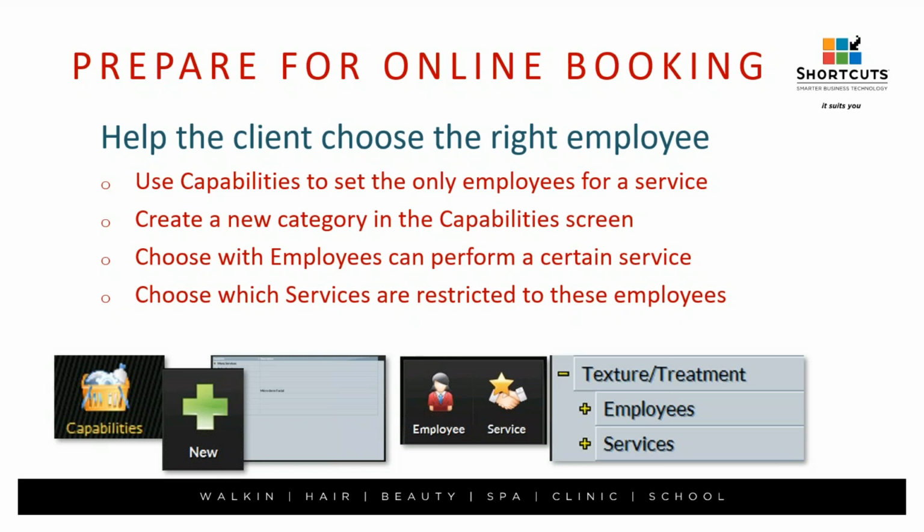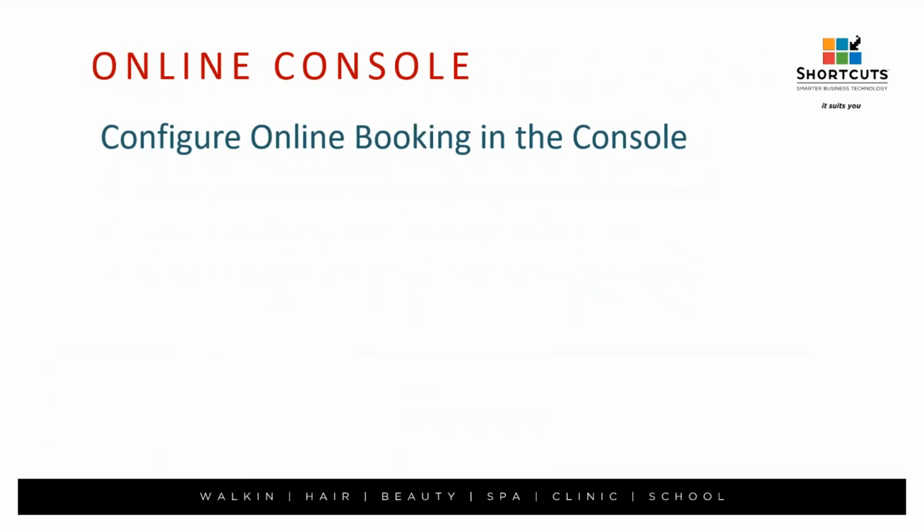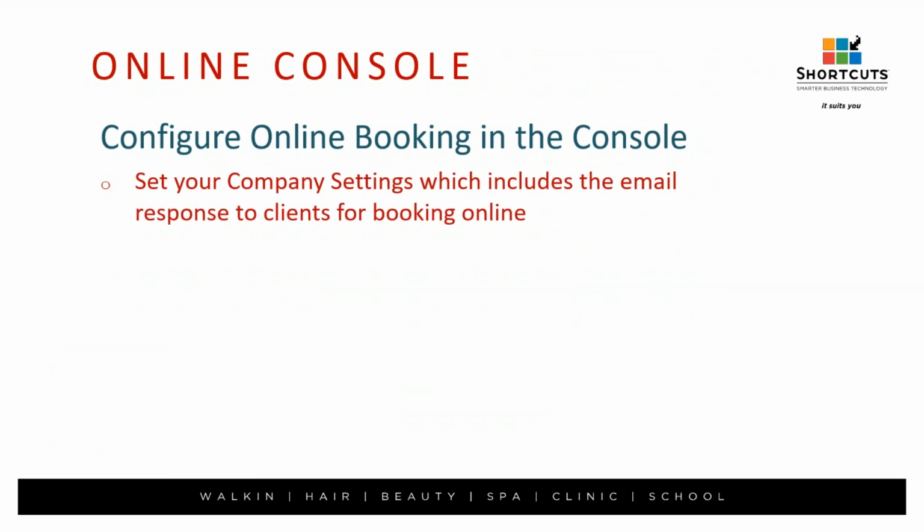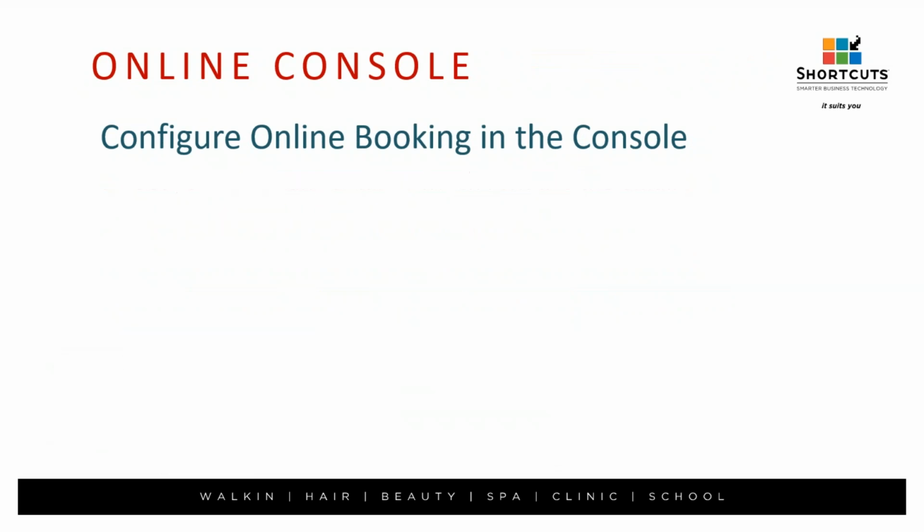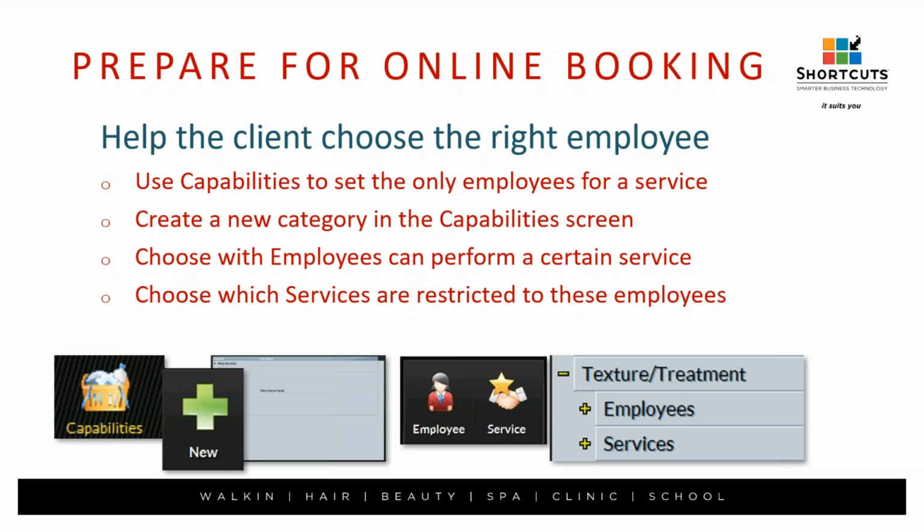So we're going to learn about setting up capabilities as well. You'll choose your services, you'll set your capabilities, and right away Shortcuts is able to start helping customers filter out who is available. We'll talk about enabling services in the console in just a moment. So let's actually get into Shortcuts and do a live demo.